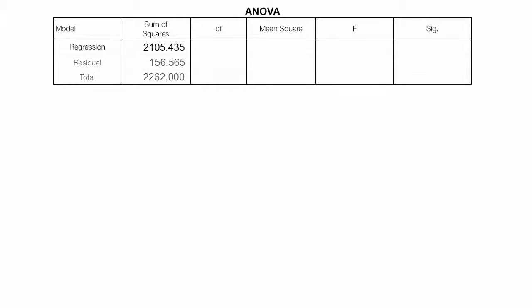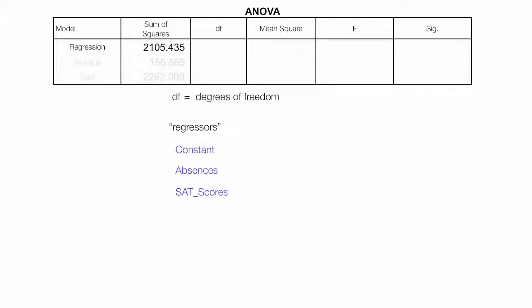The DF column is degrees of freedom. The degrees of freedom for the model I built, the regression model, is built upon the regressors, or the three variables, which are constant, the absences, and SAT scores. Those are the three things I'm estimating. So I take 3 minus 1, which is equal to 2.